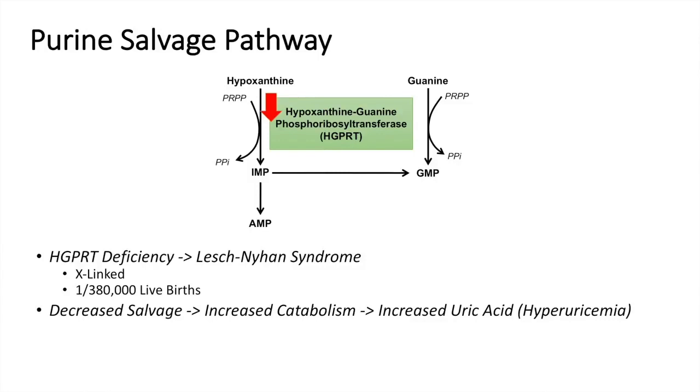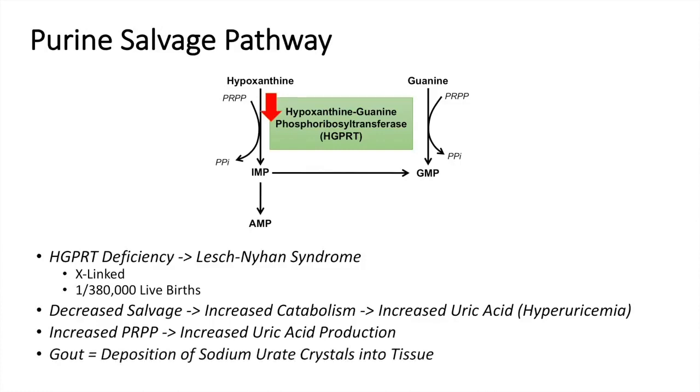So these patients often get hyperuricemia. And also, because this pathway is not utilizing PRPP, PRPP increases as well, and that increases uric acid production. As you guys remember from the purine synthesis video, PRPP is critical for uric acid production.